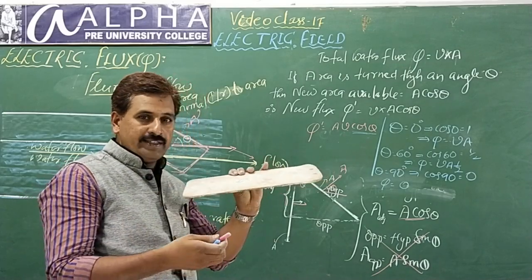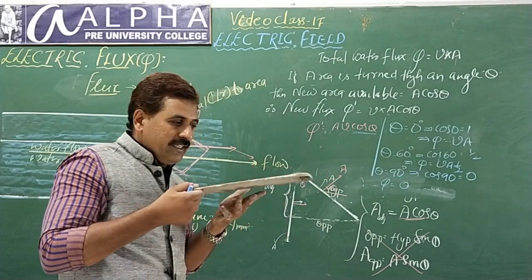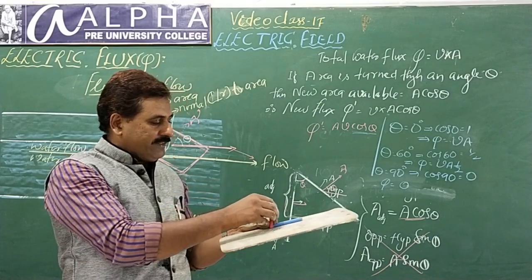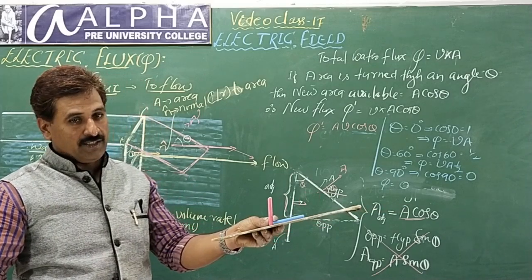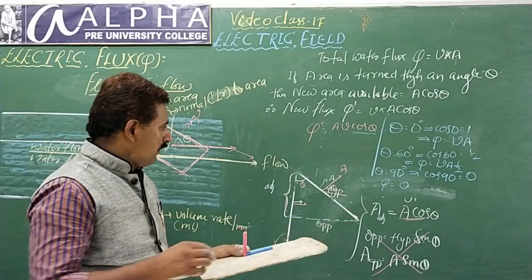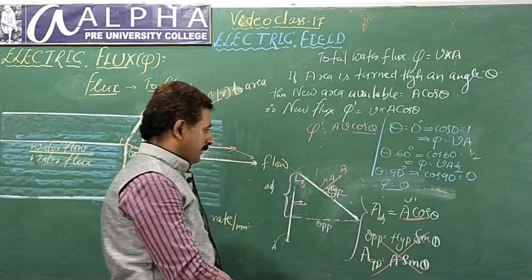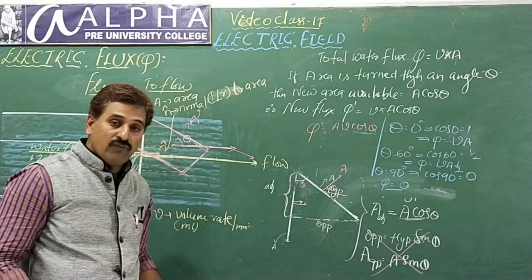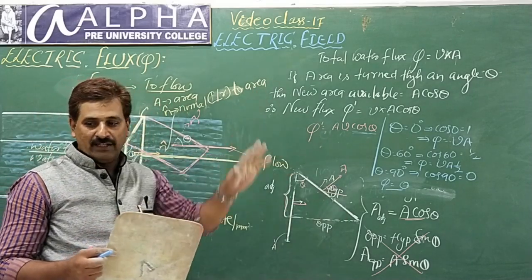When I hold it like this, water is flowing like this only. If I hold it like this, what is the angle between the normal to the area and the direction of flow? The angle between these two is 90. What is cos 90? 0. Cos 90 is 0 implies flux is 0. So this expression explains how the flux through this area changes with angle.